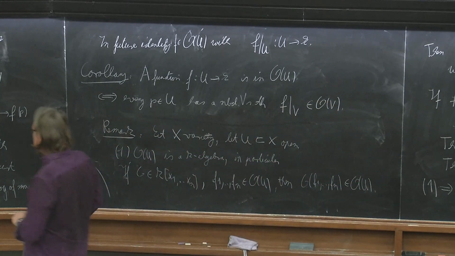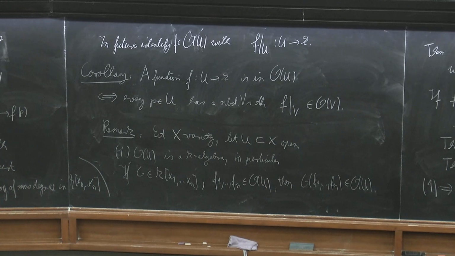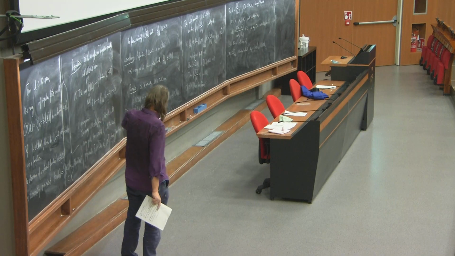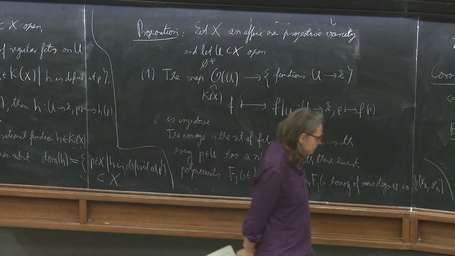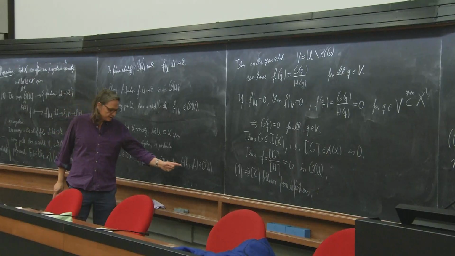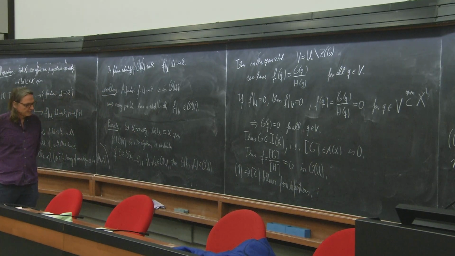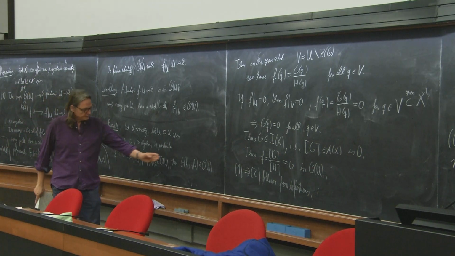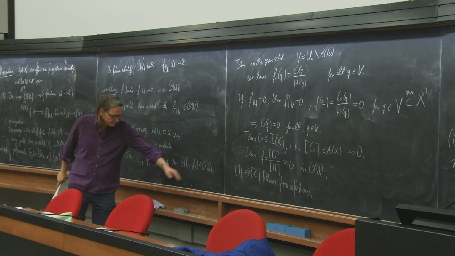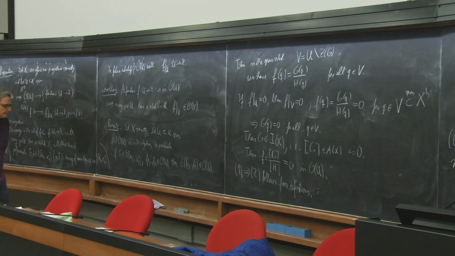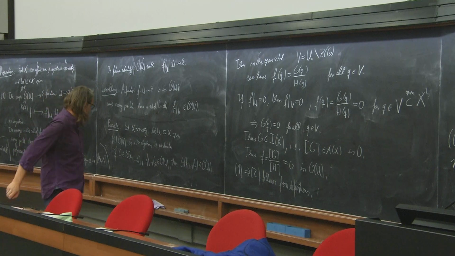And this is clear because if I have two elements in O(U), then their sum lies there, the product lies there, and a constant function also is in O(U). So we can just take sums and products and multiply by constants. In this way, we get any polynomial in the f_i, and this will also lie in O(U).